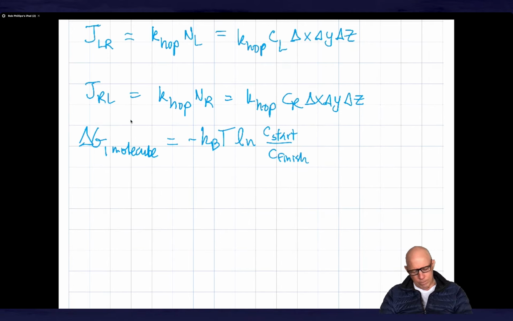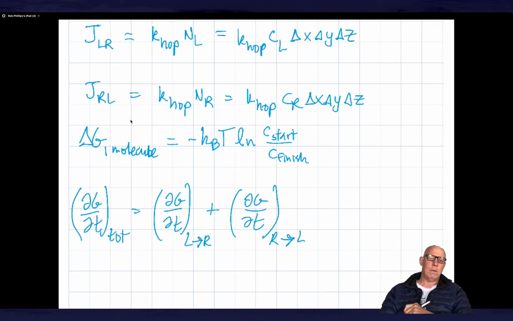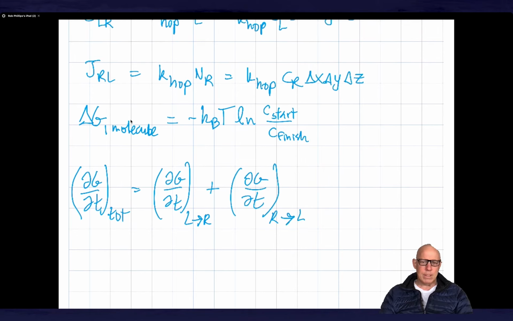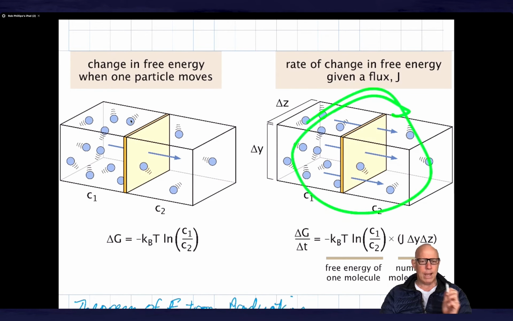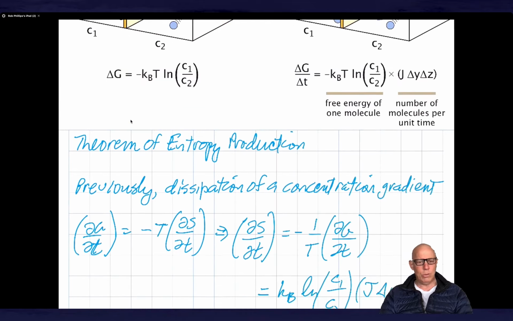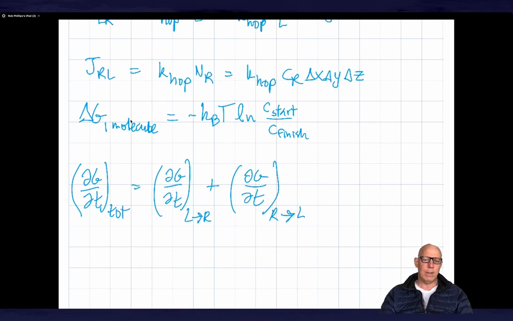Okay, so what I'm going to claim now is that dG total by dt is equal to dG by dt of the left-to-right stuff plus dG by dt of the right-to-left stuff. I'm breaking up what I did earlier as the net into its two constituent pieces, the left-right transport and the right-left.